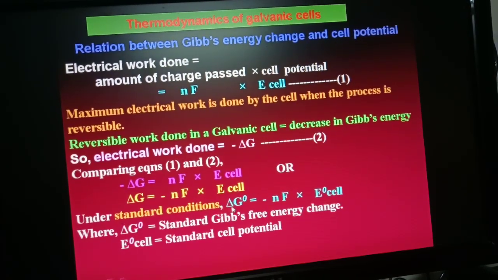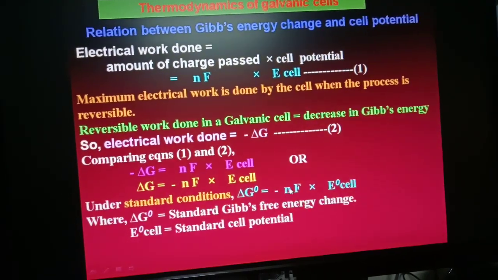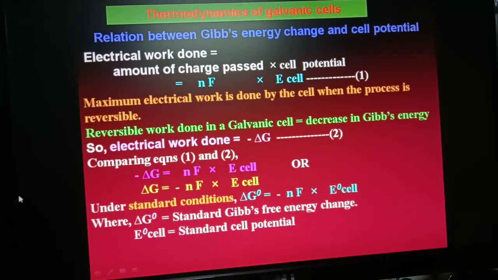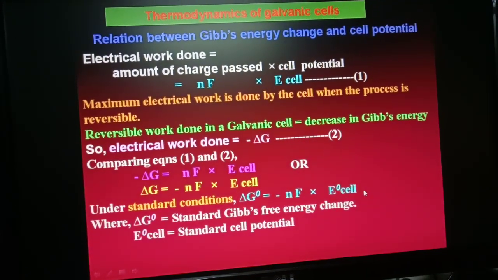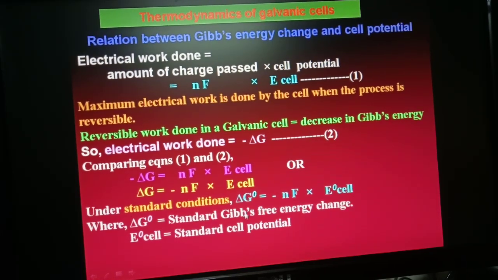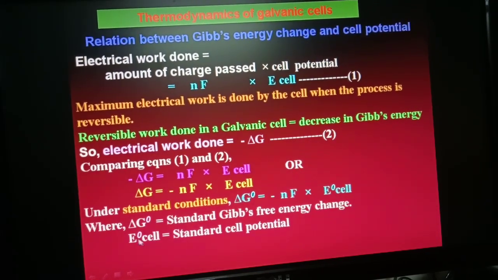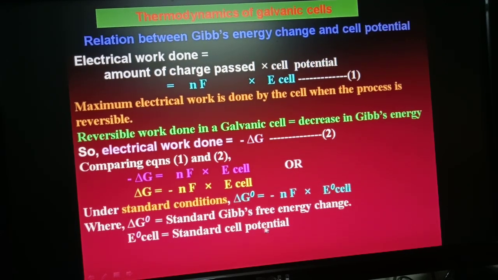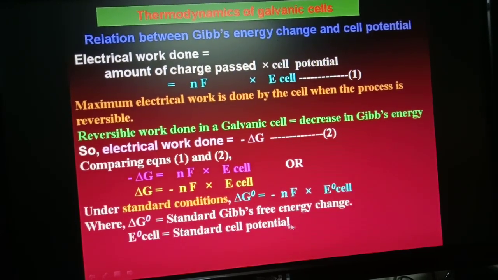Under standard conditions, delta G0 will be equal to minus nF into E0 cell, where delta G0 is the standard Gibbs free energy change and E0 cell is the standard cell potential.